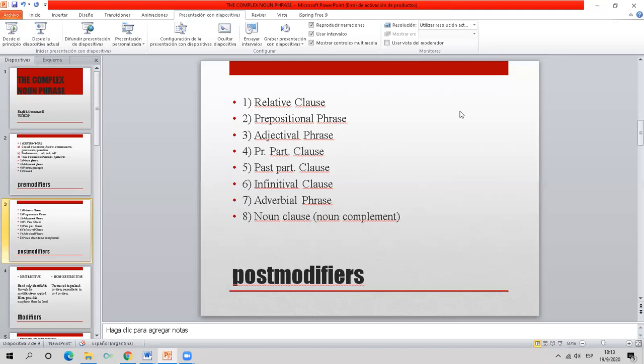For example, you could talk about the stars visible at night look beautiful, okay? Visible at night, that would be an adjectival phrase, okay? And you see that in this case, it is quite long, and that's why it appears as a post-modifier.